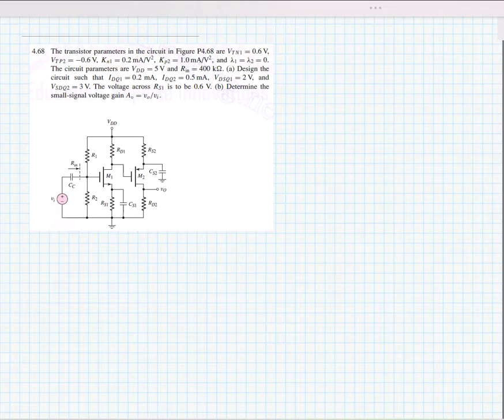So the problem tells us that the DC voltage at the source of M1 needs to be 0.6 volts. And it tells us that the drain to source voltage of that transistor needs to be 2 volts, meaning that the drain voltage needs to be 2.6 volts.